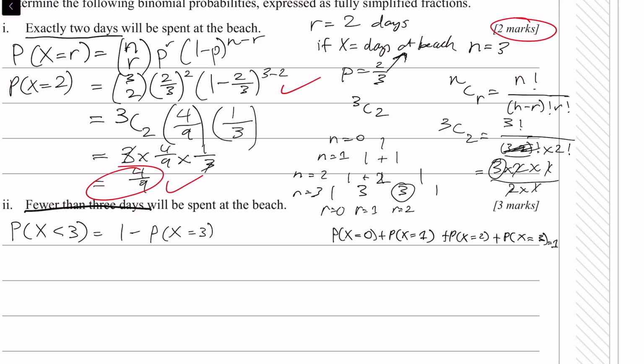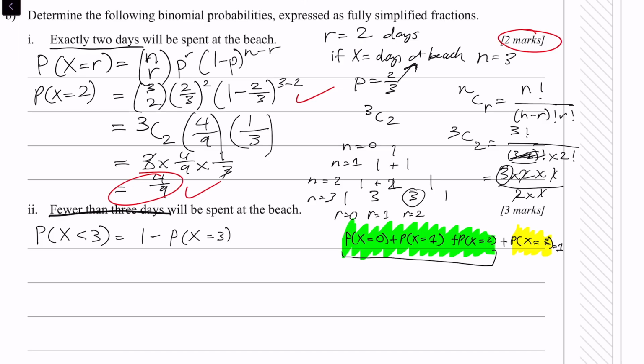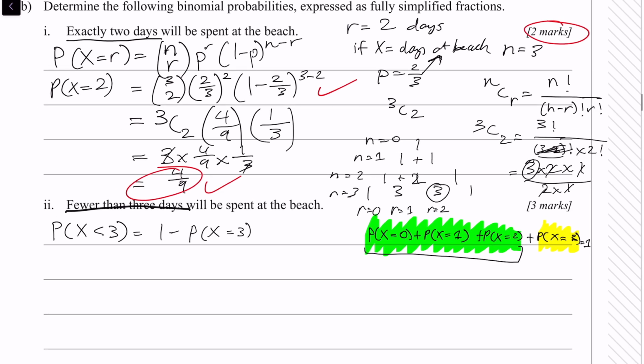And by doing 1 minus this value here that I've highlighted in yellow, then essentially we are just getting this section that I've highlighted in green, which is equivalent to fewer than 3 days spent at the beach, right? So essentially we're applying the complement rule here for this question. So that is the first mark, correctly determining the required method.